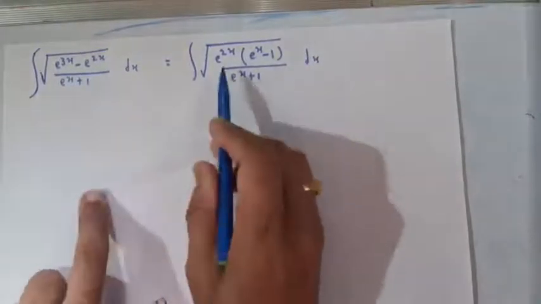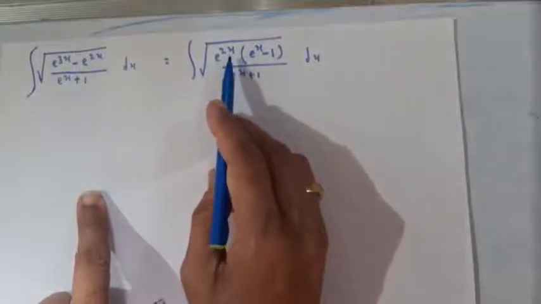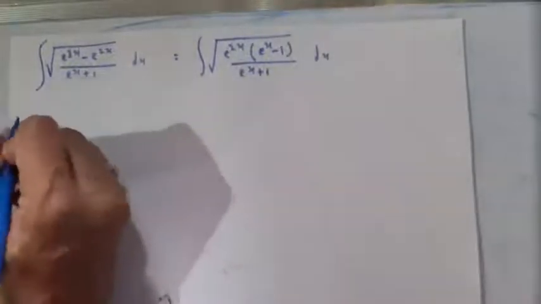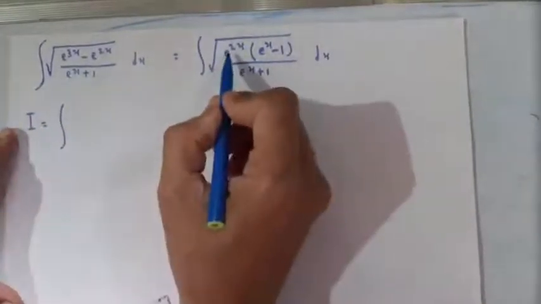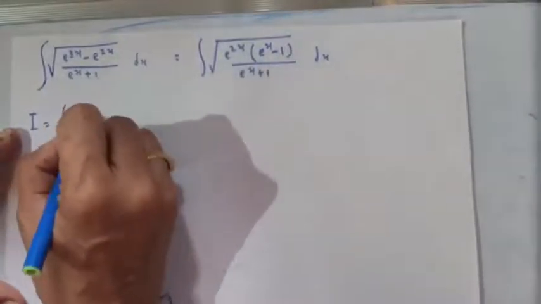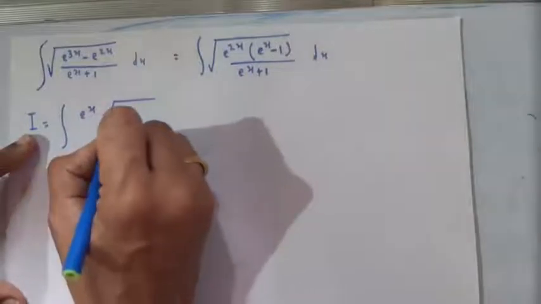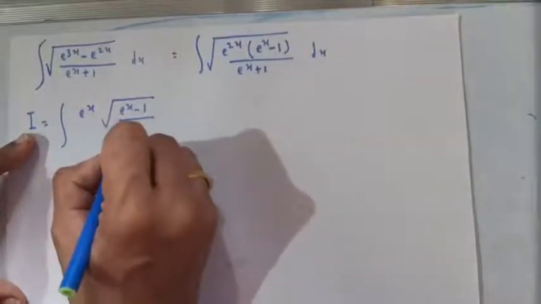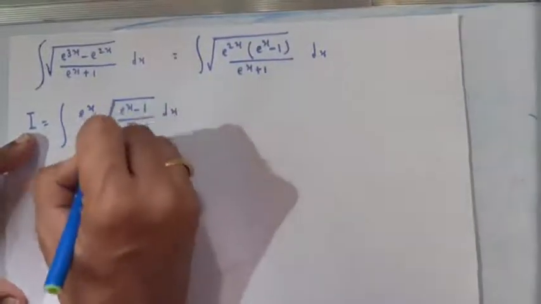You know that e raised to 2x means e raised to x into e raised to x. Therefore, the integral I equals the square root of e raised to 2x, which is e raised to x, times the integration of (e raised to x minus 1) upon (e raised to x plus 1) with respect to x.